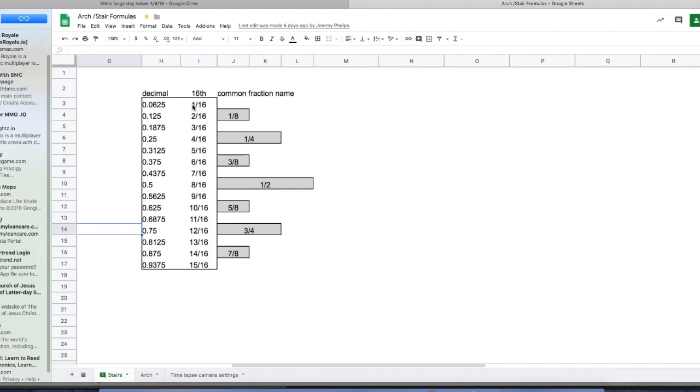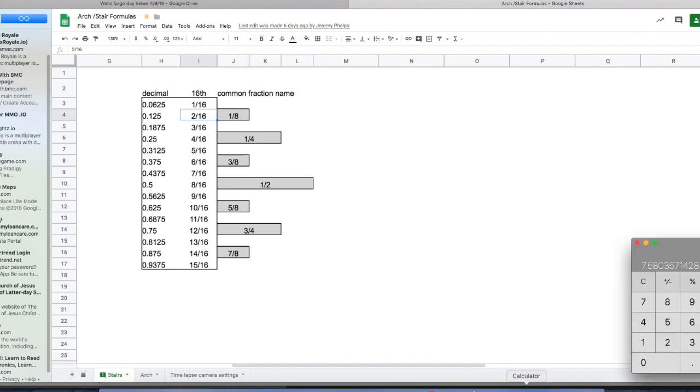On this chart, I have divided the 16 increments: 1/16, 2/16, and so on. Over here are the common reduction names of those 16th inch increments, and over here are the decimal equivalent of those fractions.